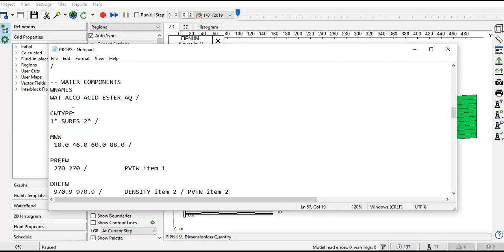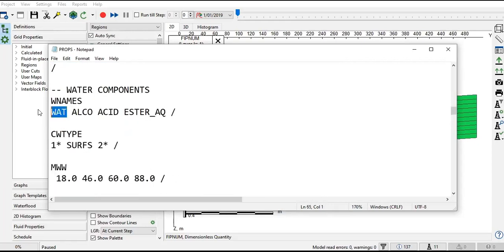We have 4. The first one is water. And we, by the way, will use this keyword W for water and NAMES for the water component names. Water, alcohol, acid, acetic acid, and then ester, the hydrophilic side of the ester.